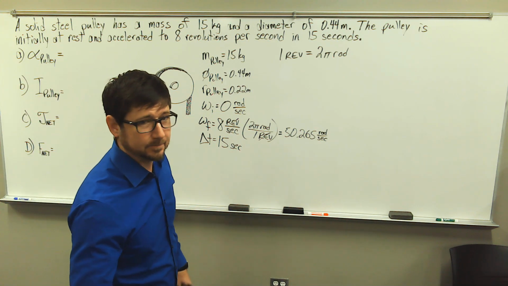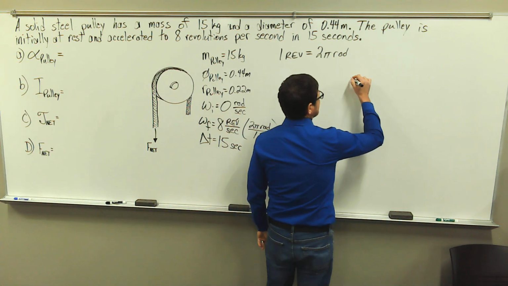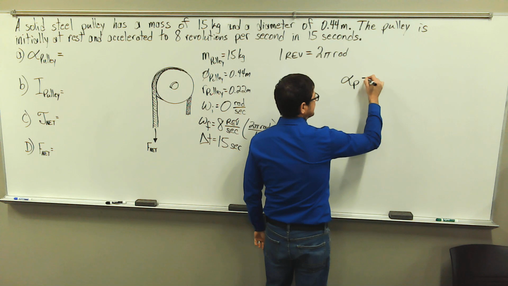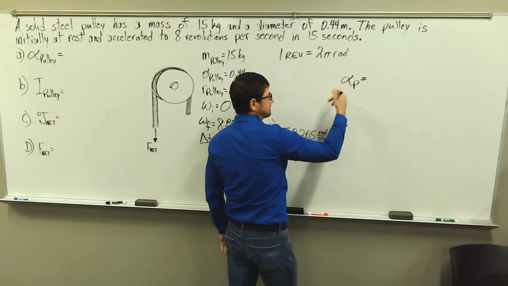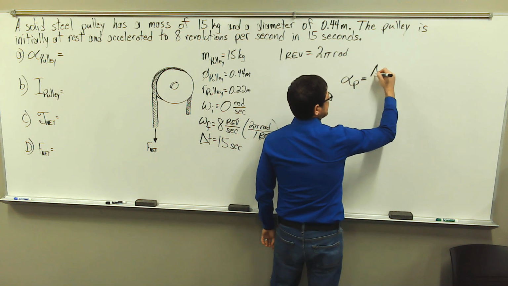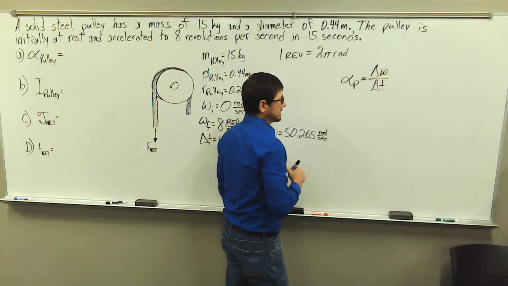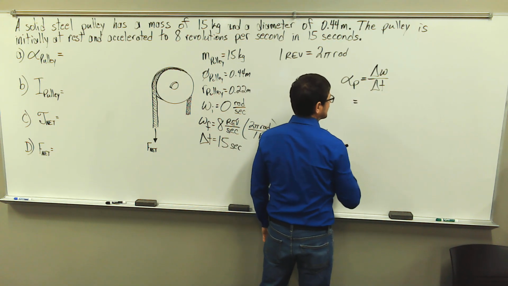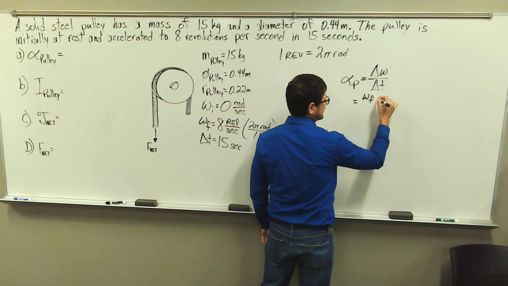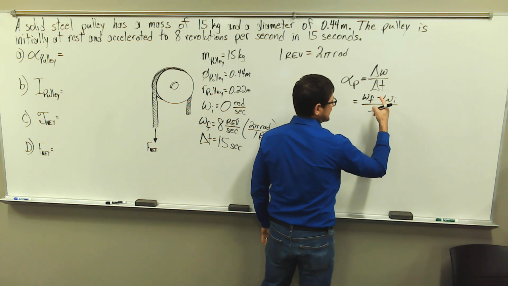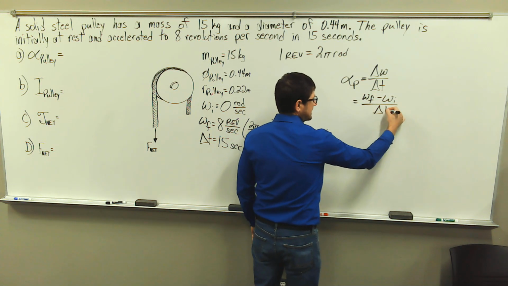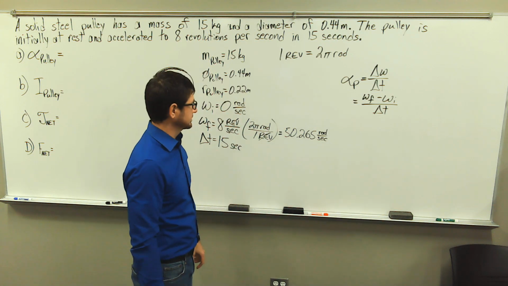So in part A, let's calculate the angular acceleration of the pulley. So I'm going to say alpha sub p. So this is going to be the change in the angular velocity divided by the time interval. So in the numerator, this is going to be the final angular velocity minus the initial angular velocity, and once again divided by delta t.